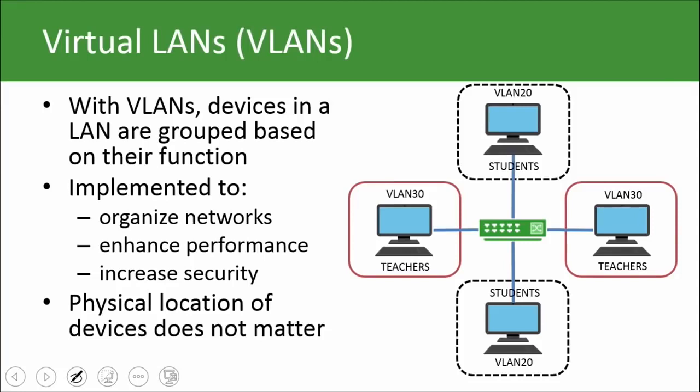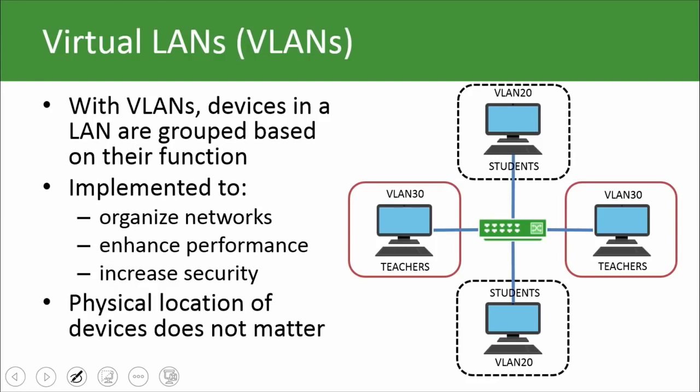And finally, we also have a very special type of LAN called a virtual LAN. Virtual LANs can be wired or wireless. In this example, they're all wired, right? And VLANs allow us to group devices based on their functions. So in this example to the right, we've organized our computers on our network based on teachers and students.